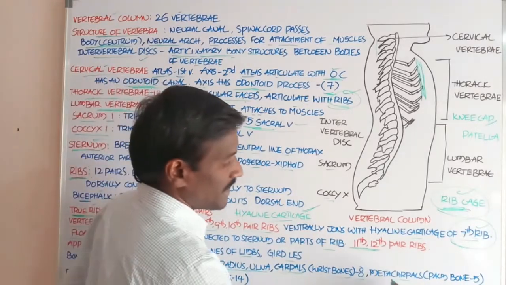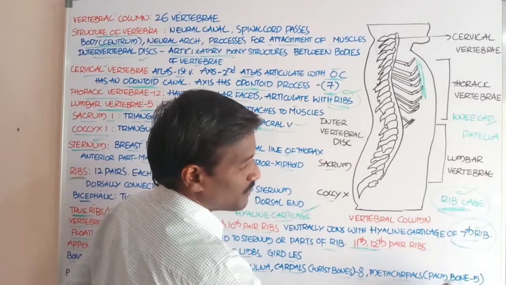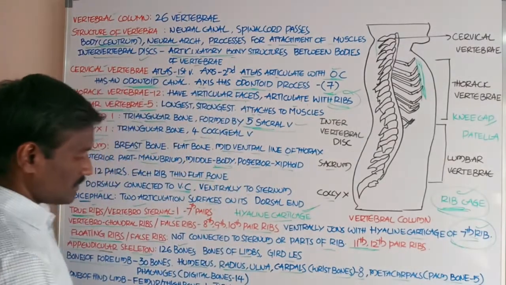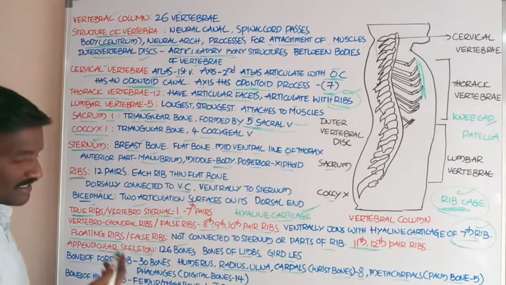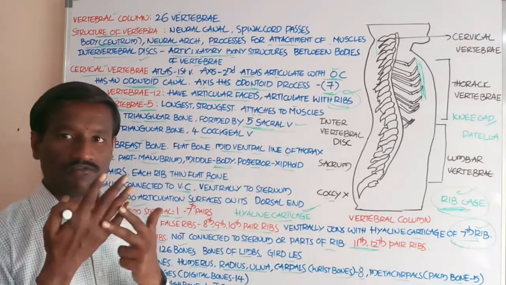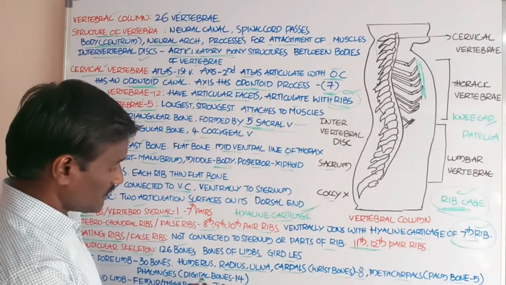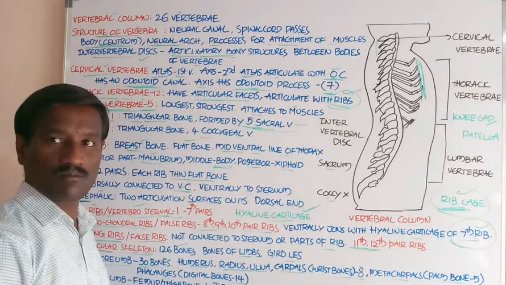Next, metacarpals, also called palm bones, 5 in number. Then phalanges, also called digit bones, 14 in number.